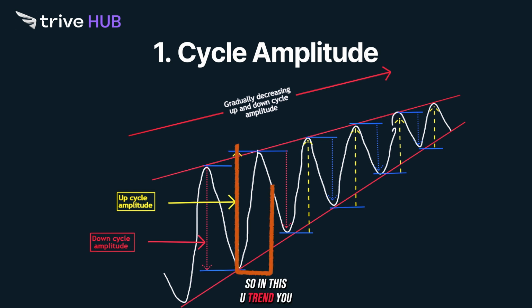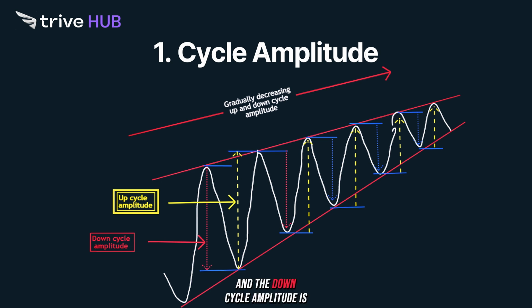So in this uptrend, you can see the up cycle amplitude, meaning the up movement amplitude, is denoted by yellow color lines, and the down cycle amplitude is denoted by red lines. From this bottom to the top, a complete swing represents one up cycle amplitude, and then from that particular top, the next swing low represents the down cycle amplitude.